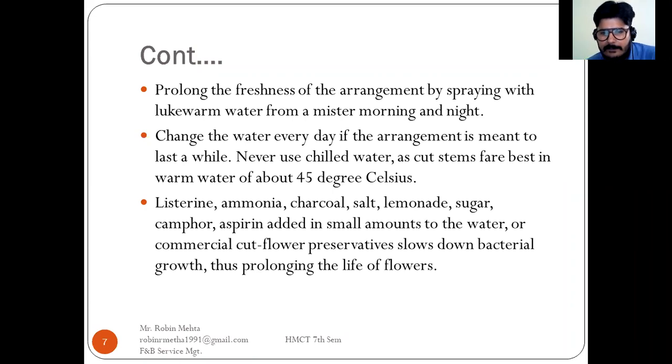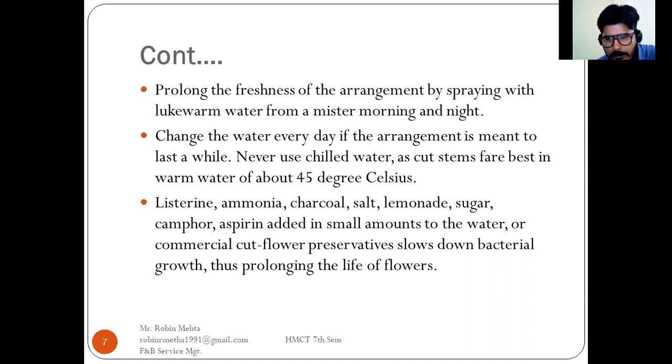It is best for cut stems, not for your natural plants in the garden, because in the garden the earth or sand automatically has heat, so it provides the heat to them.